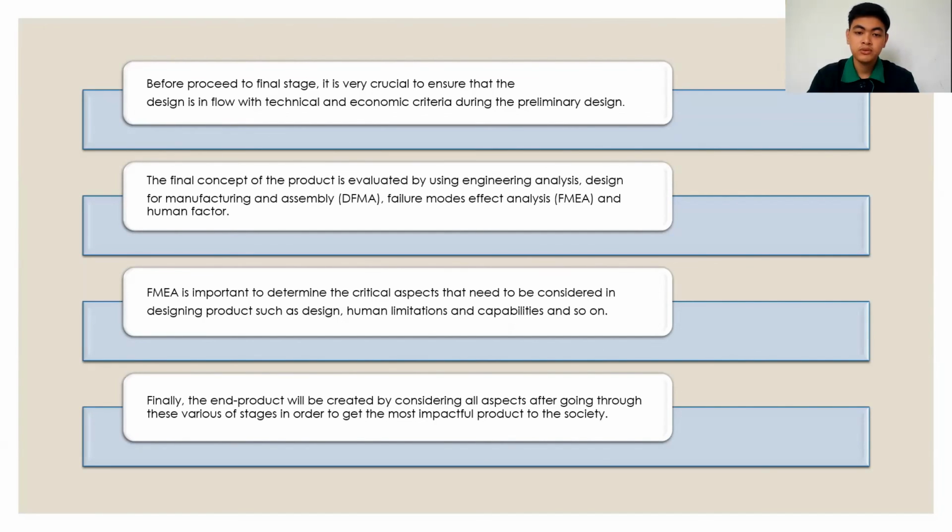FMEA is important to determine the real aspects in designing products such as design, human limitations and capabilities, and so on. Finally, the best product will be generated after going through some stages in order to get the most impactful product to society. That's all. Thank you.